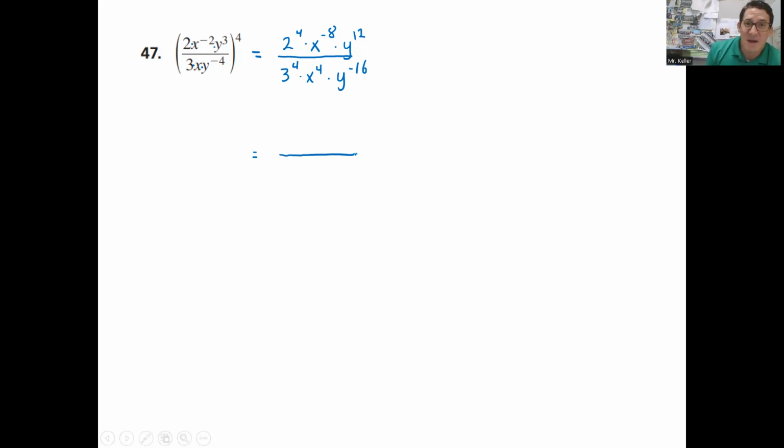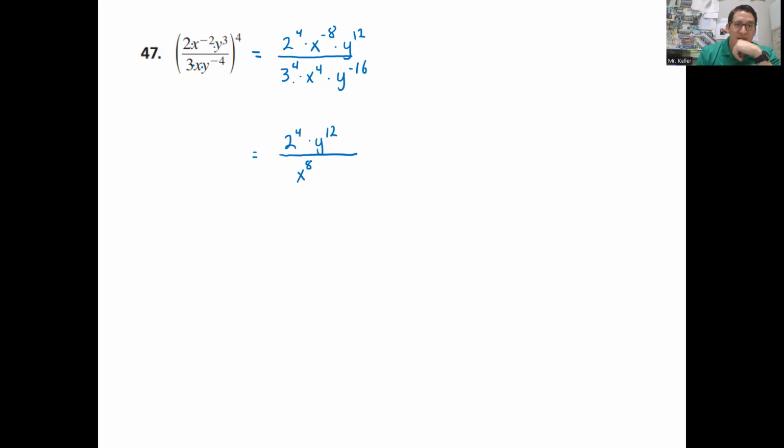Now I'm going to take care of negative exponents. I'm going to look at each base here. If it has a positive exponent, it stays on the side of the fraction that it's already on. If it has a negative exponent, it goes to the other side and becomes positive. So here, the 2 has a positive exponent, so that stays on top. The x has a negative exponent. That's going to move to the bottom and become positive. It switches sides because of the negative exponent. The y has a positive exponent, so that stays on top.